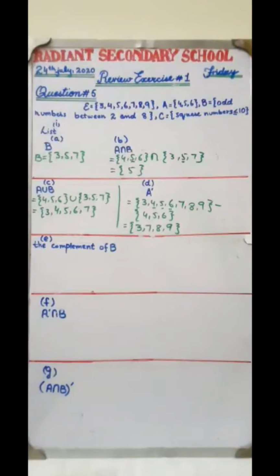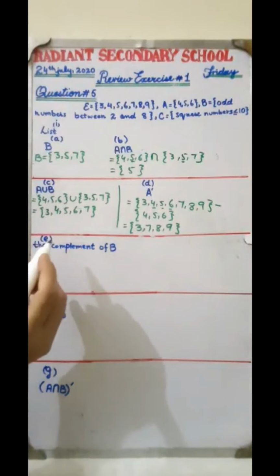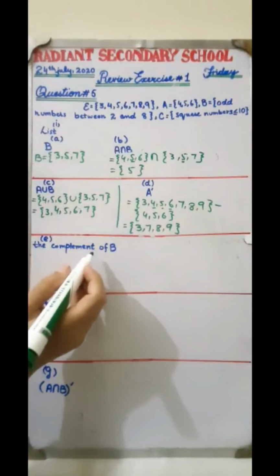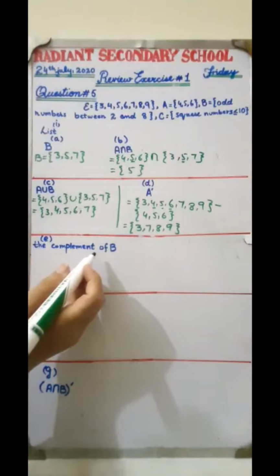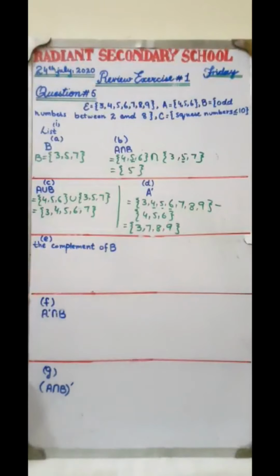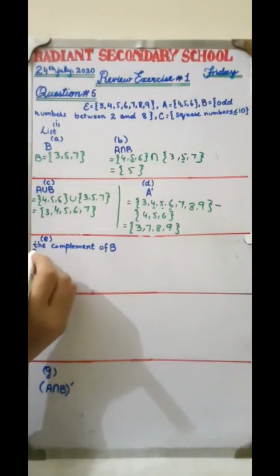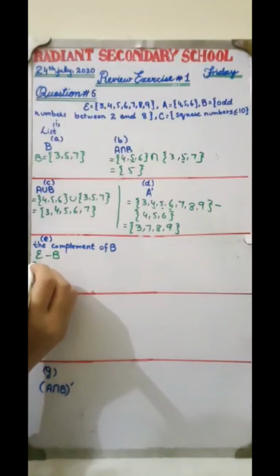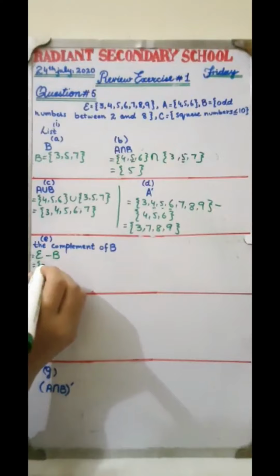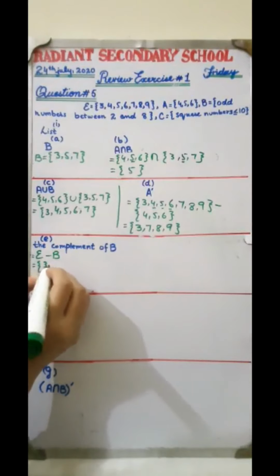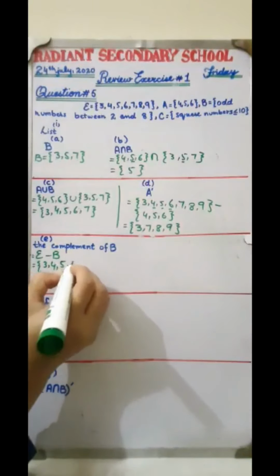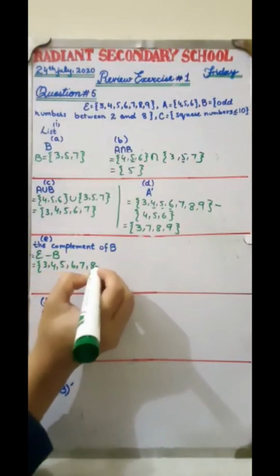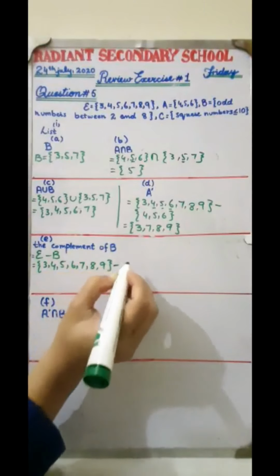Come to E part. Sorry, E part. The complement of B. The complement of B means we have to subtract the B set from the universal set. So write the universal set first. Universal set is 3, 4, 5, 6, 7, 8, 9 minus B set.